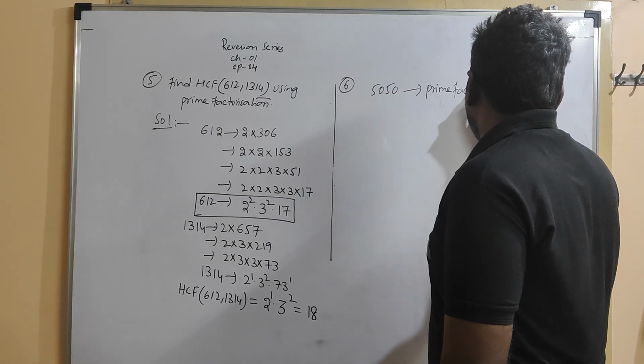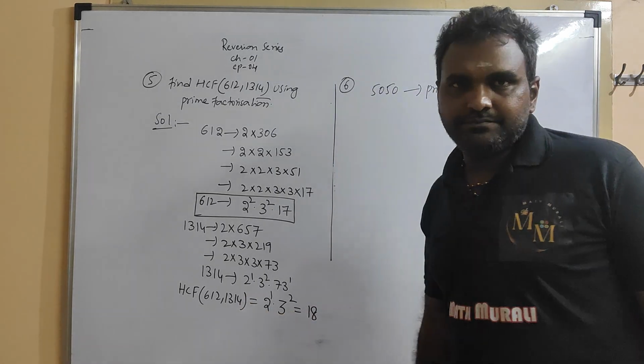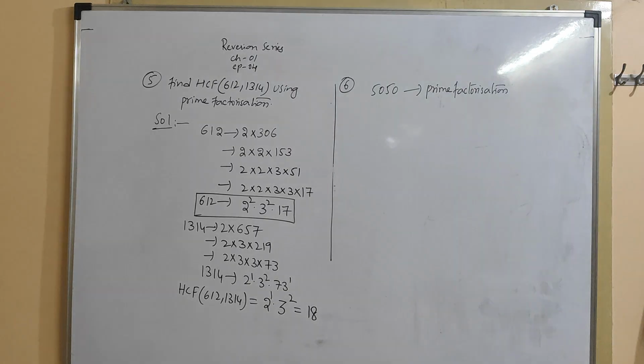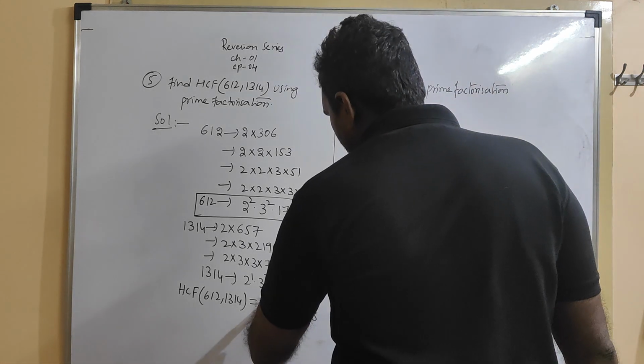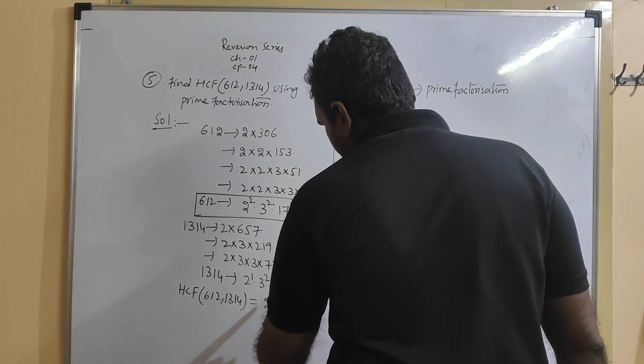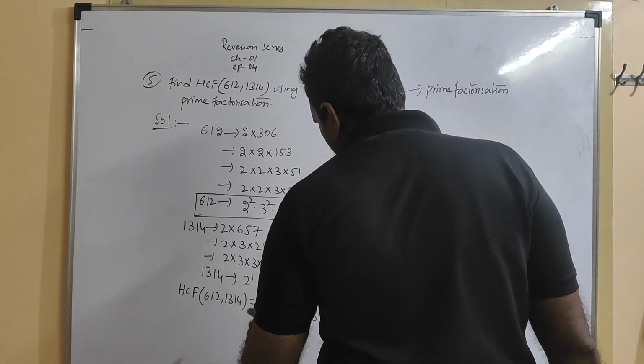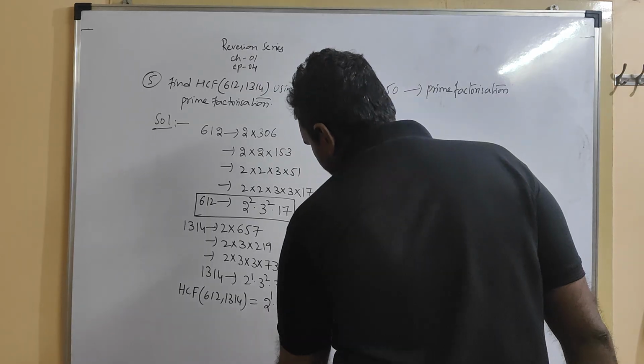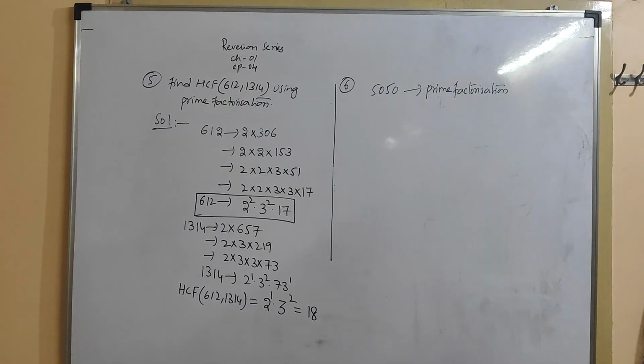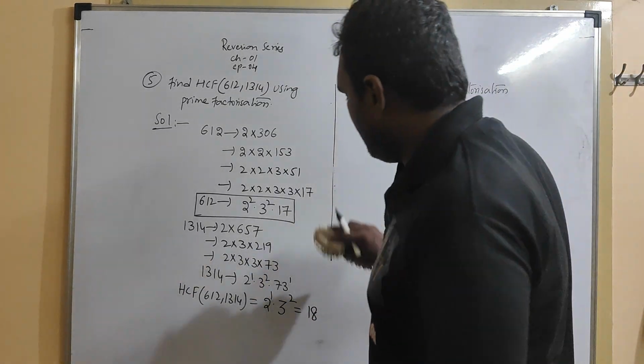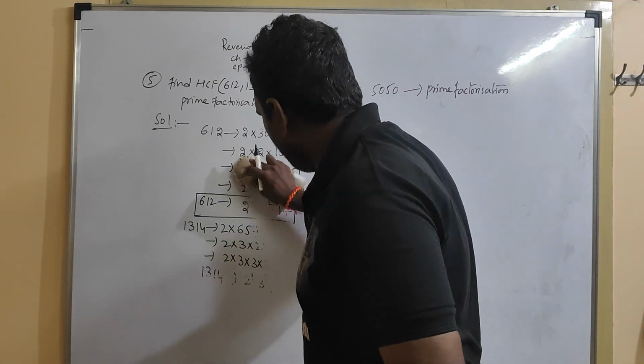Regarding prime numbers you have to be careful. 73, 3 table it won't go, 5 table it won't go, 7 table, 11 table, 13 table, 17 table, 19 table, like this you will check.